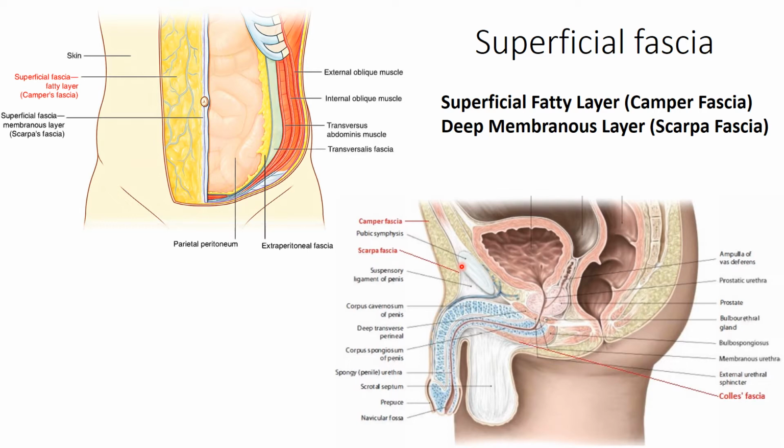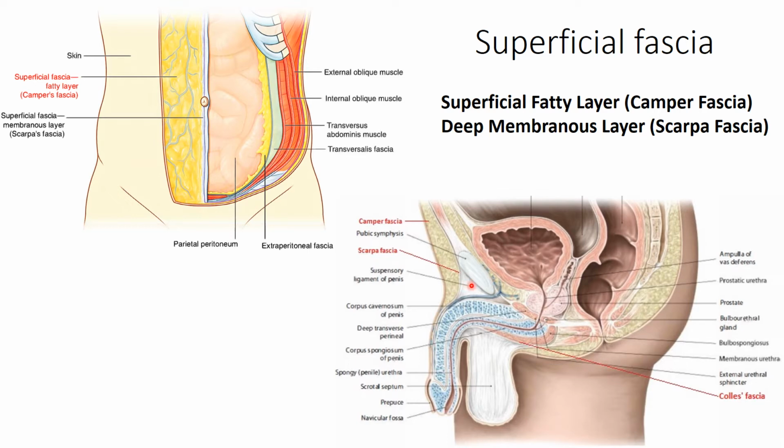Now in the midline, inferiorly, this membranous layer is not attached to the pubis, but it forms a tubular sheath for the penis, and it forms the fundiform ligament of the penis, which is also known as the superficial or suspensory ligament of the penis.